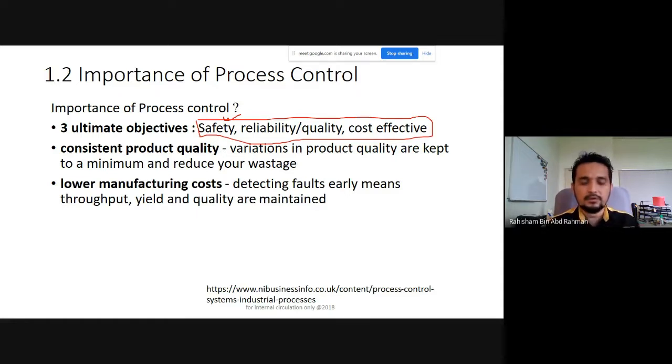For example, in oil and gas, we want to go for safety, so we put the equipment over there. We want to go for reliability. We want to be as accurate as possible, so that productivity can be improved, and most important is economical and cost effective. We don't want to waste time, we don't want to waste energy, etc. These are the three ultimate objectives of instrumentation and process control: safety, reliability, and cost effective.